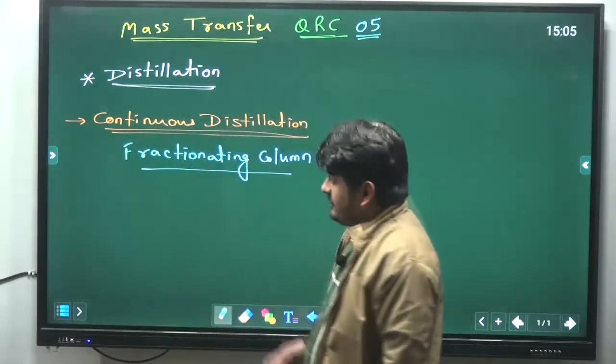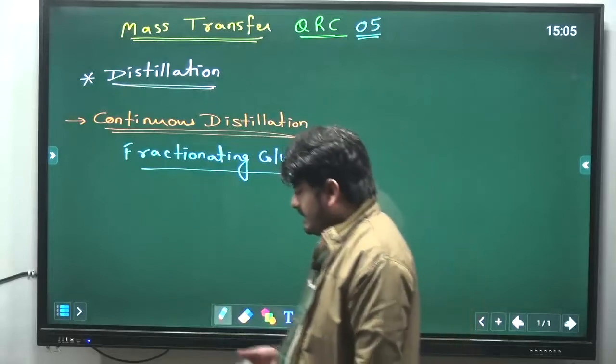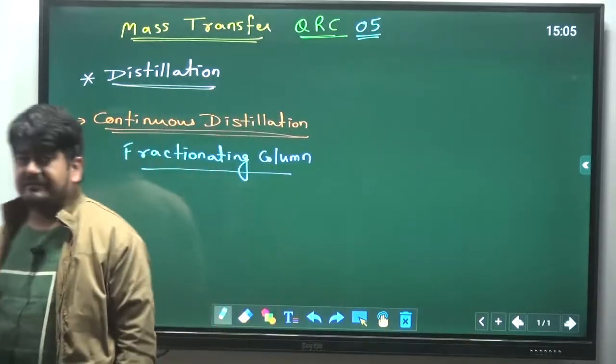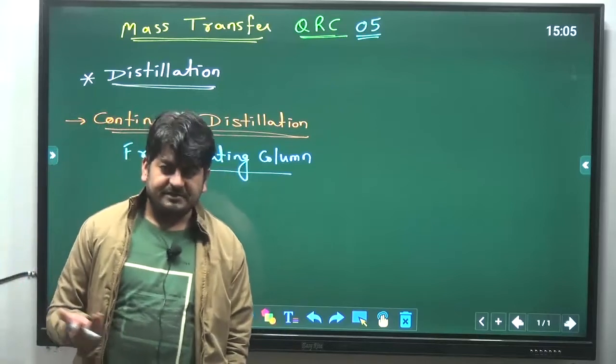So the idea of continuous distillation column is where we have more than one number of stages.